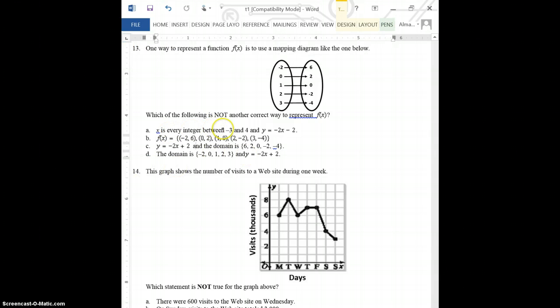X is every integer between negative 3 and 4. So I'm looking at numbers between negative 3 and 4. No, because where is negative 1? Negative 1 is also an integer between negative 3 and 4. So A is wrong.